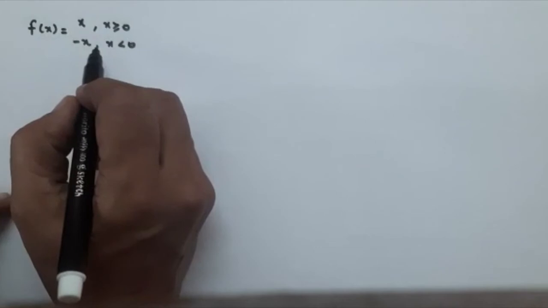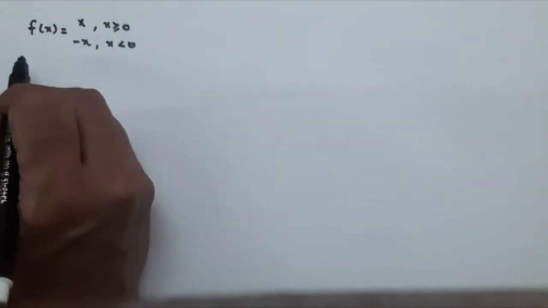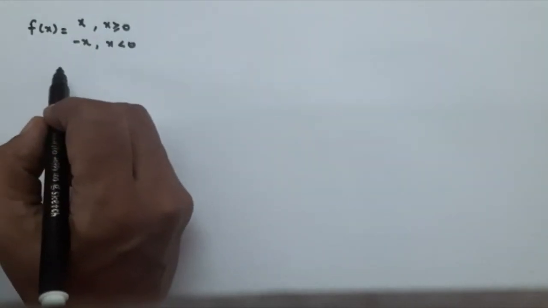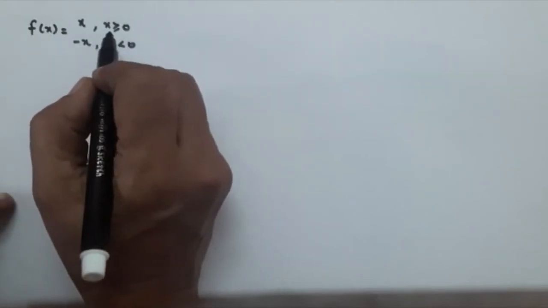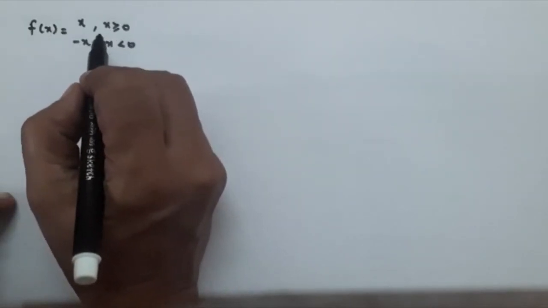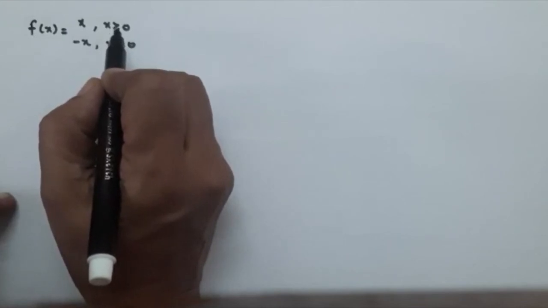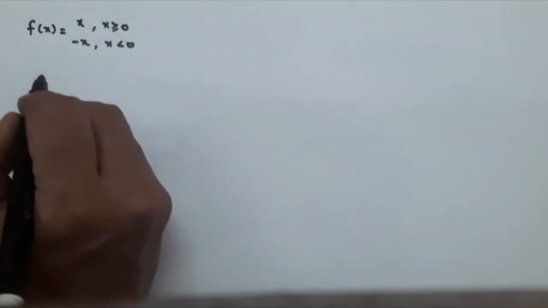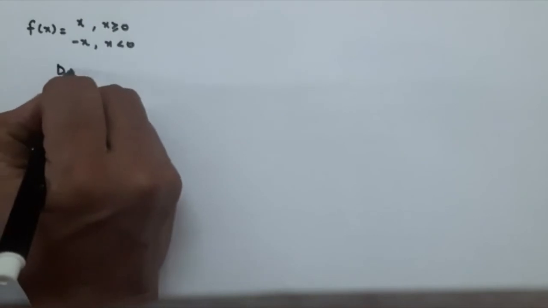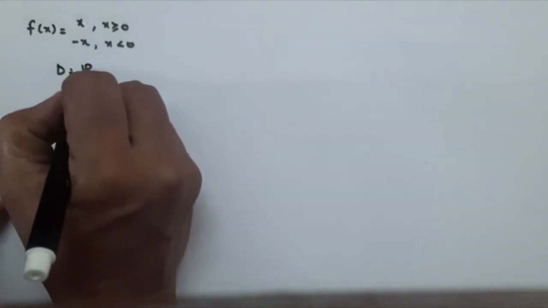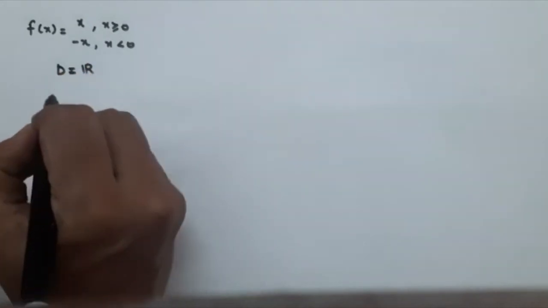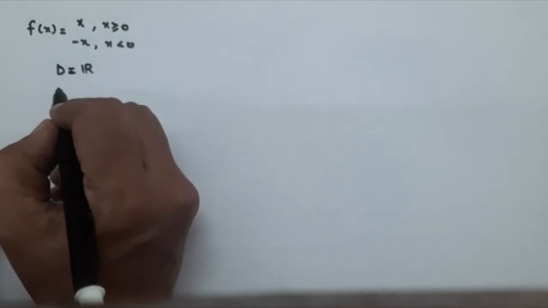And if x less than 0, the images are given by the part f of x equal to minus x. From the definition of the function itself, you can understand x can be 0, it can be greater than 0 and it can be less than 0. Therefore, what about the domain? Domain is the set of all real numbers.